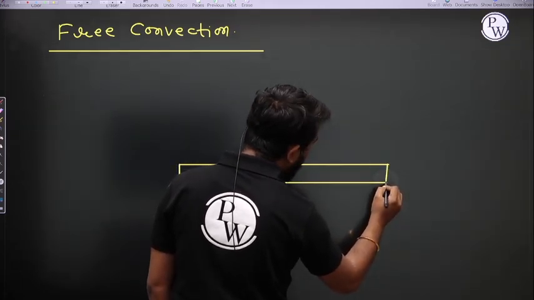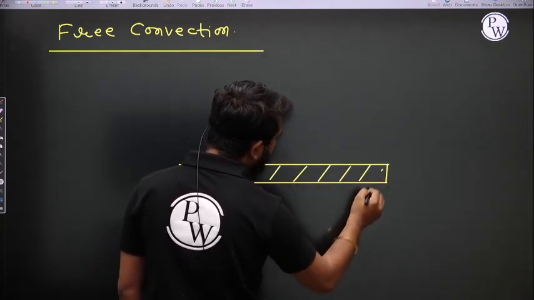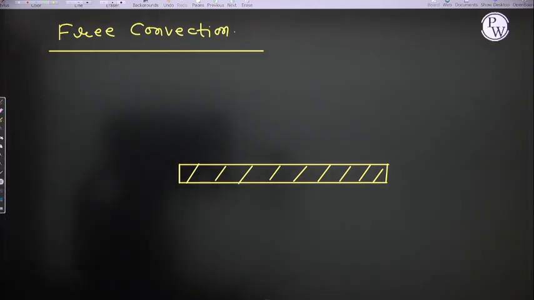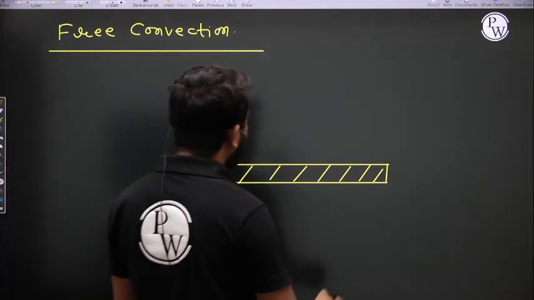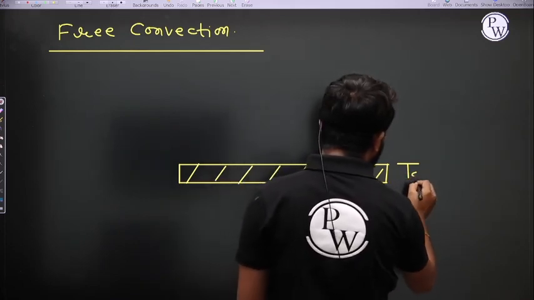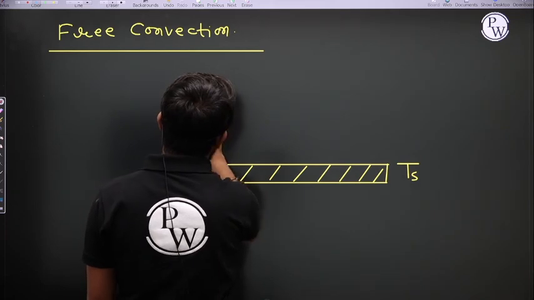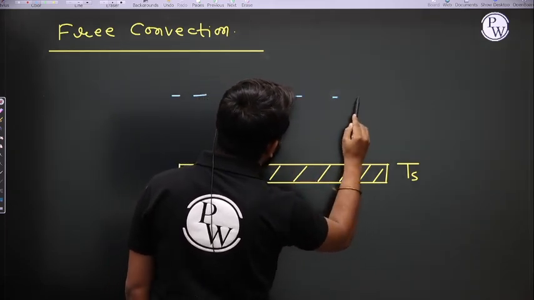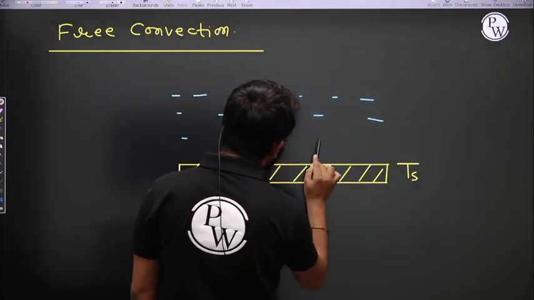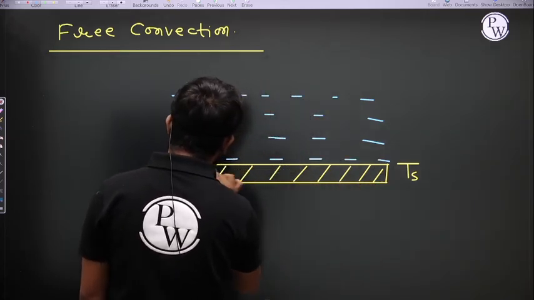Let us assume the plate temperature is Ts. Above this plate, I am assuming there is a fluid. That fluid is not in motion, and there is no external agent.